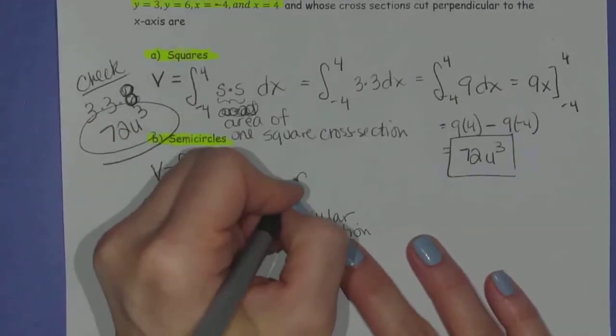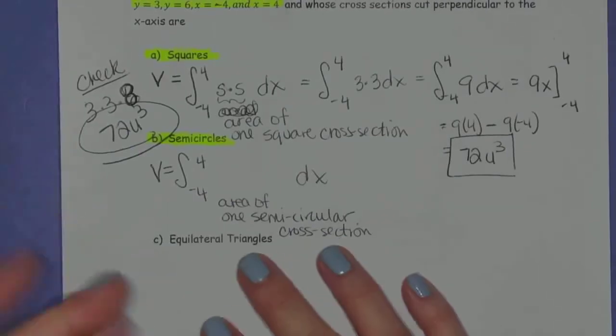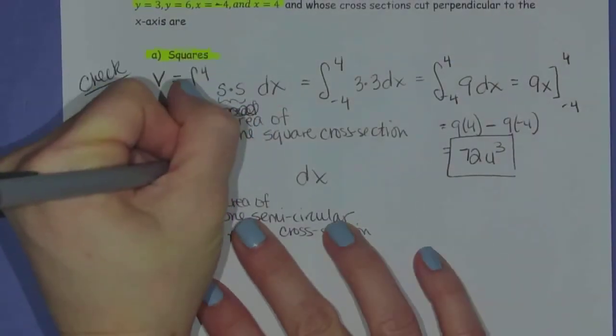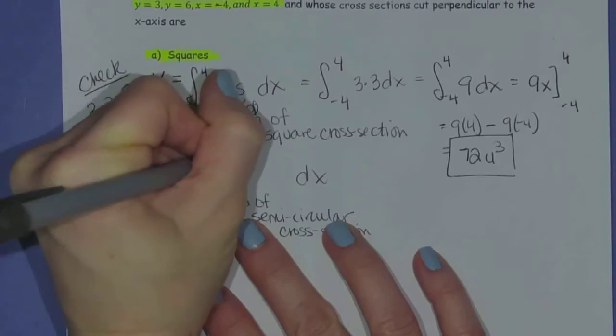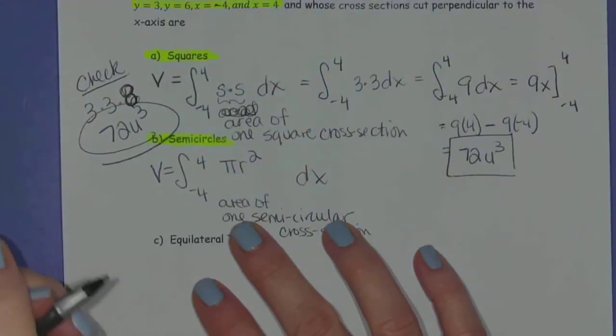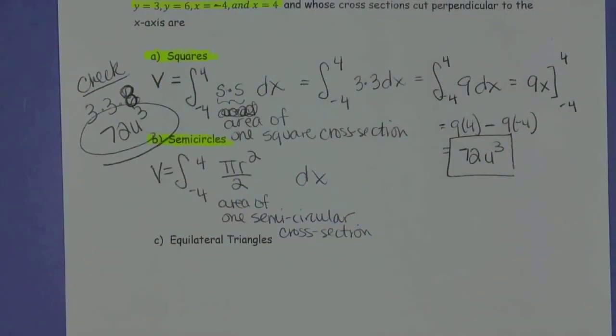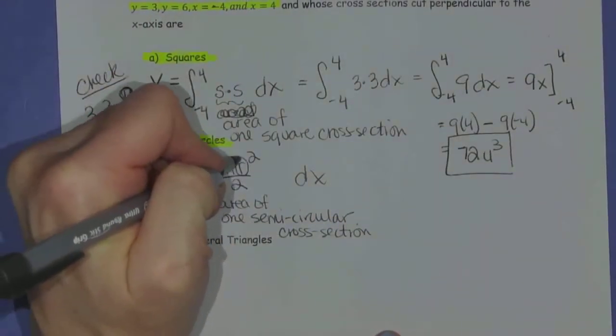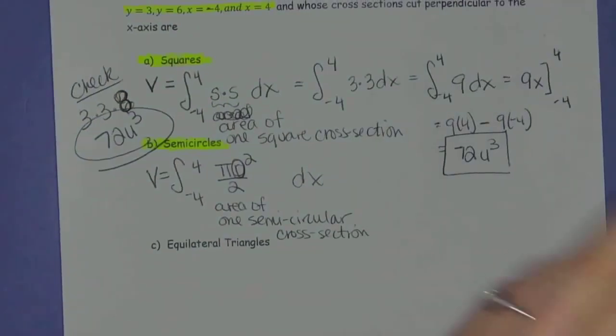Then you just get it in terms of x. So for a semicircle area, we need pi r squared, that's your whole circle, but then we're going to have to divide by 2. So all we'll have to do to get this answer is find the radius of our semicircle in terms of x.